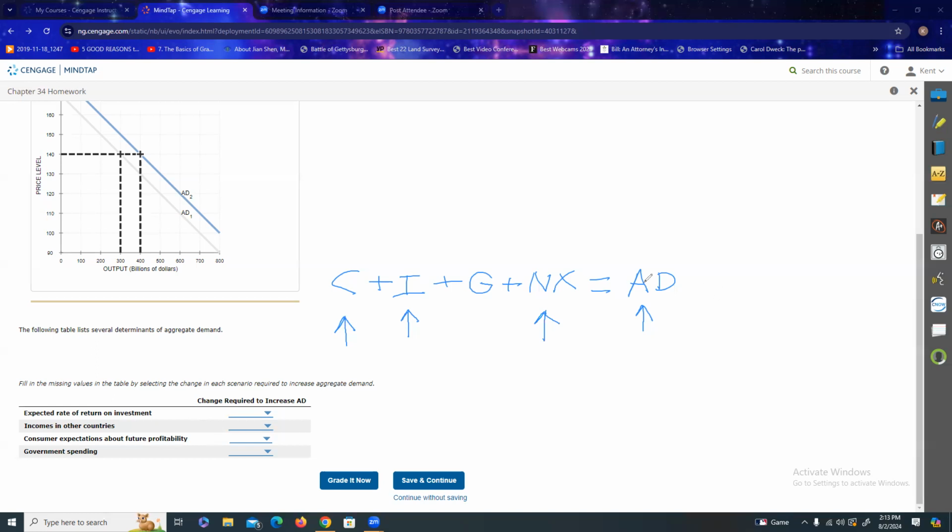Consumption's a component of aggregate demand. And government spending, well, if government spends more, there you go. That's going to increase this component of aggregate demand. And so any one of those will. So those need to increase. If any of those increase, this is going to shift aggregate demand out to the right.